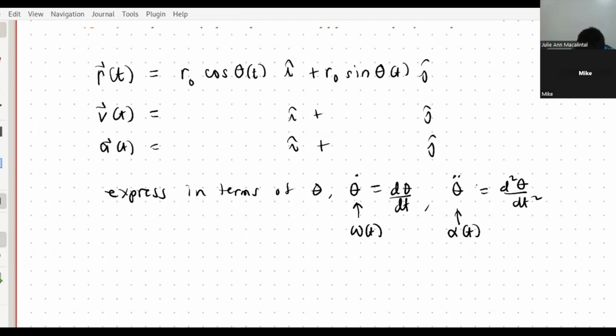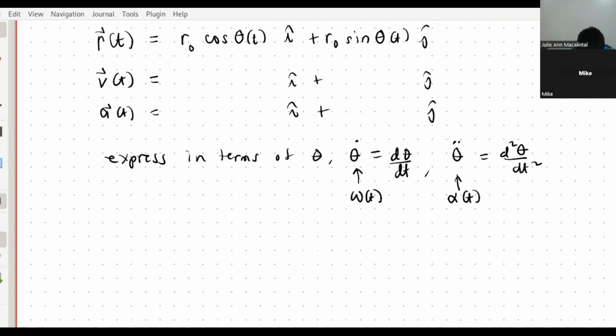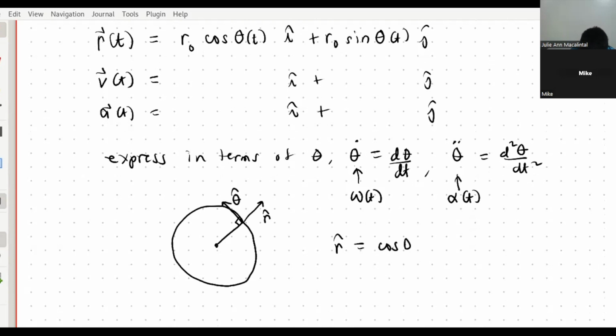So once nakuha mo na yan, ang next question ay, so we know na we're doing circular motion. At every instant, may unit vectors na r hat at theta hat. So r hat is going to be, so from last time, it's actually cosine of theta, I hat, plus sine of theta, j hat.